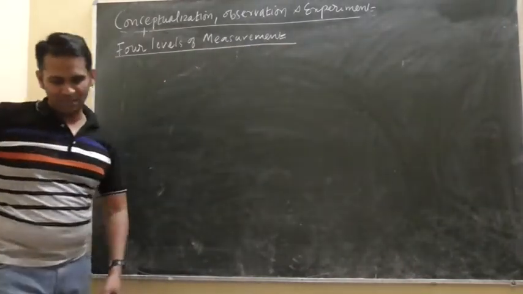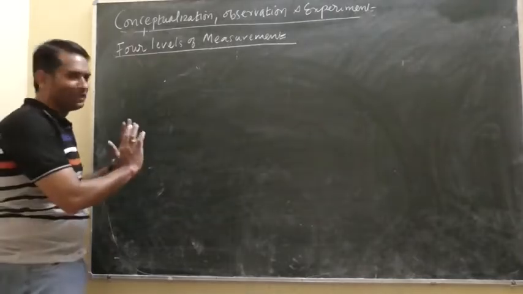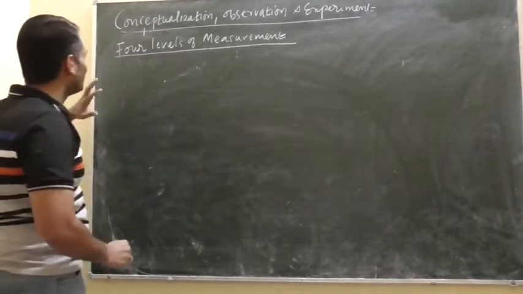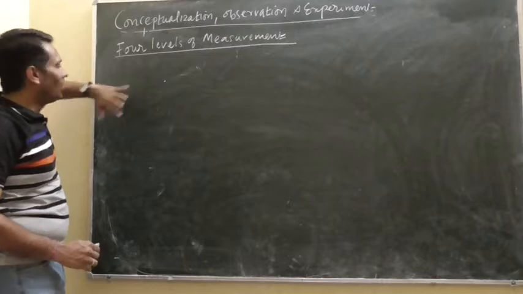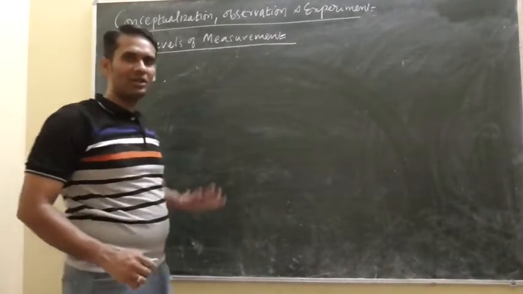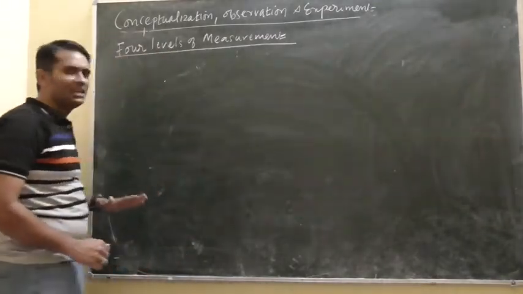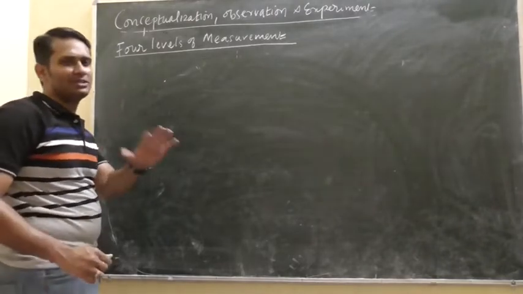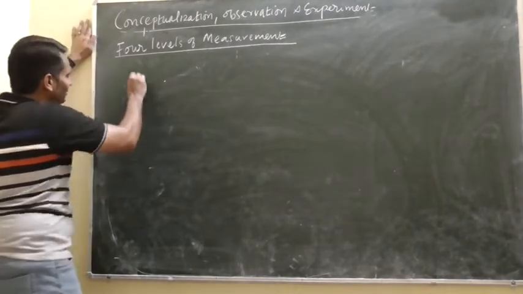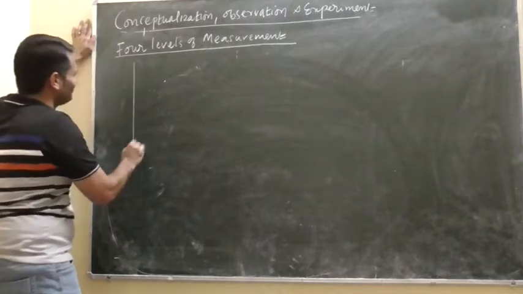I'll be making a very simple column here. There are four levels of measurement: one is the nominal scale, the second is the ordinal scale, the third is interval, and the fourth is the ratio scale.